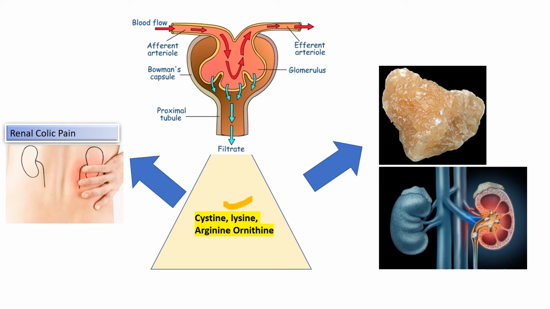Depending upon the site of the stone, there will be pain. The pain may be renal colic, or ureteric colic if the stone is in the ureter, or the stone may be in the bladder or urethra. Depending upon the site of the stone, the symptoms will be there.